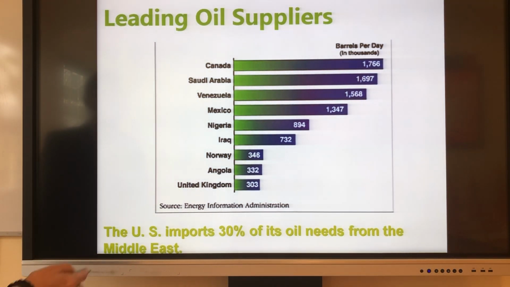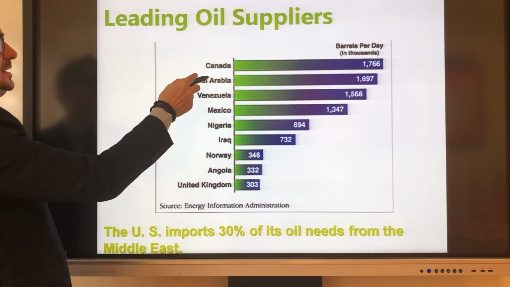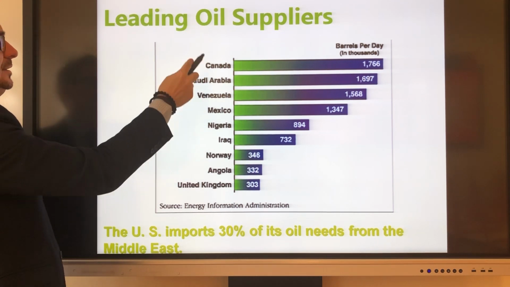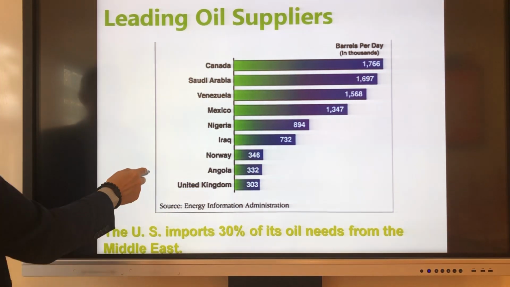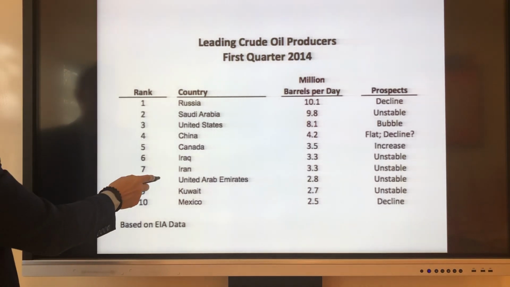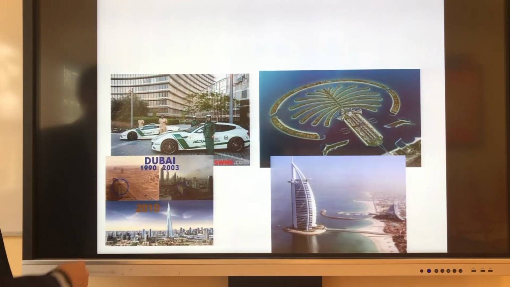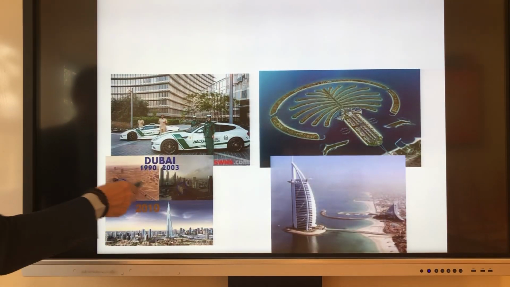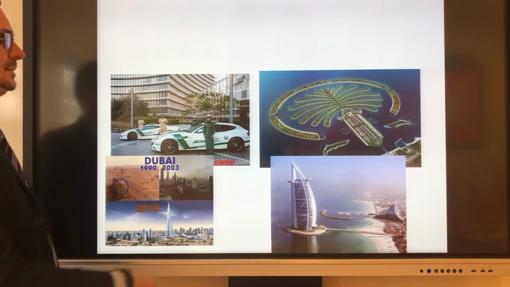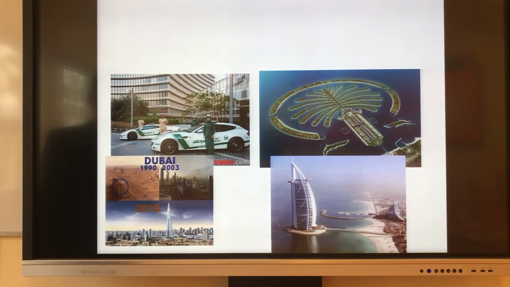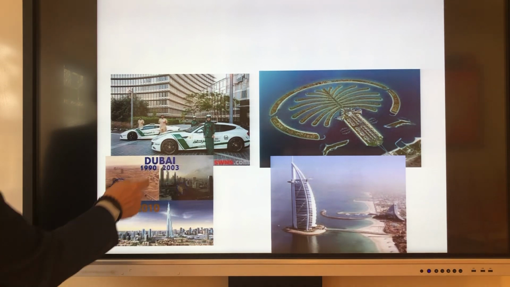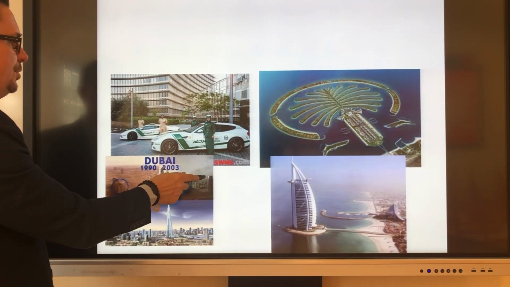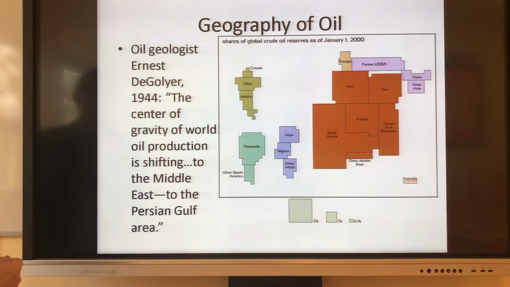And the leading oil suppliers, as you can see, are in the top 10 as well from this region. Now I don't want you to check these, but you can see how much they spent on these different cities there in the region. They even have Lamborghinis for the police and some other sports cars.